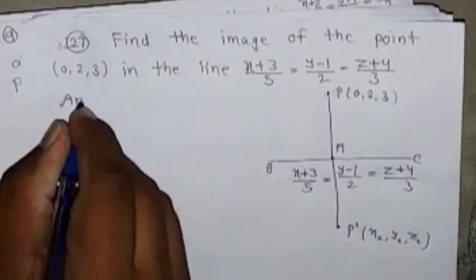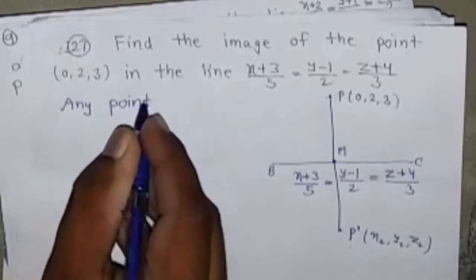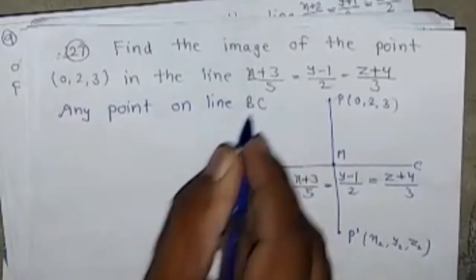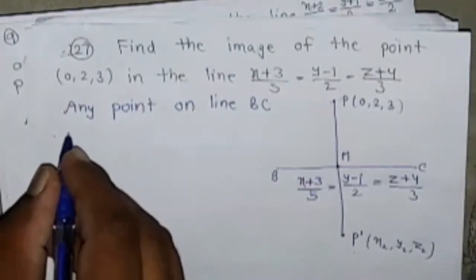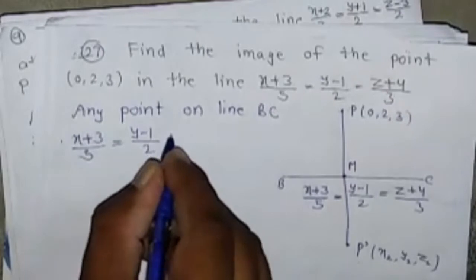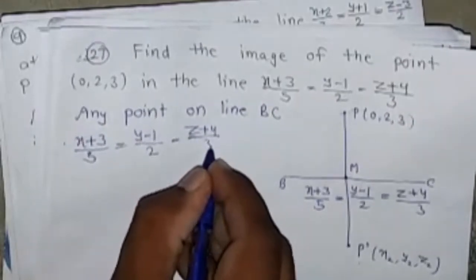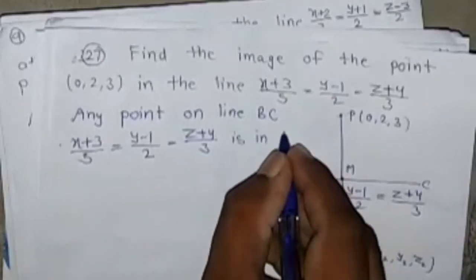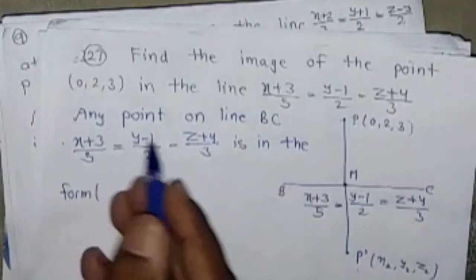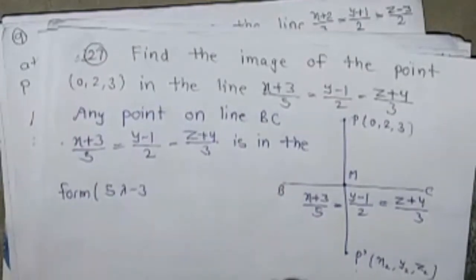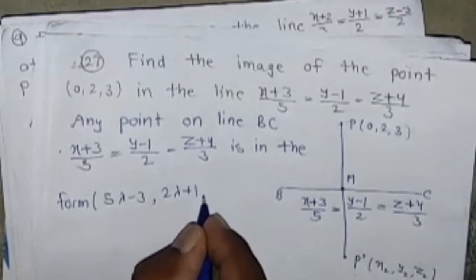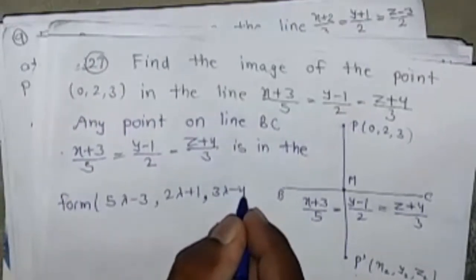Then any point on line BC, that is (x+3)/5 = (y-1)/2 = (z+4)/3, is in the form (5 lambda minus 3, 2 lambda plus 1, 3 lambda minus 4).